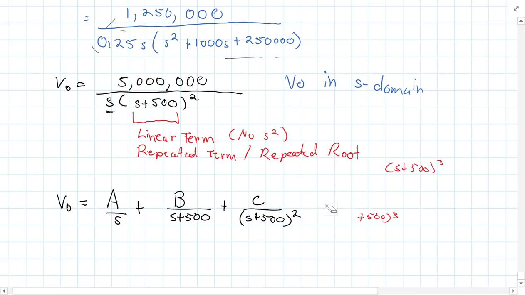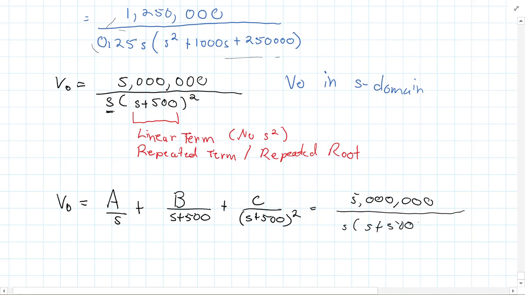But we don't have that here, so let's erase it. And then, of course, we know that this is equal to 5 million over S times S plus 500 squared.